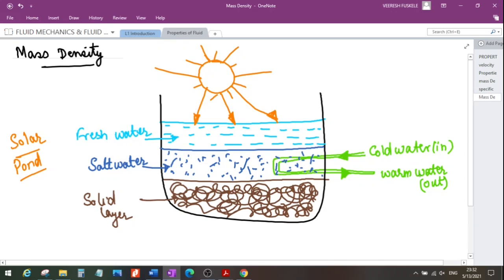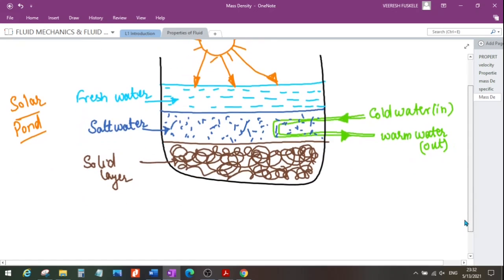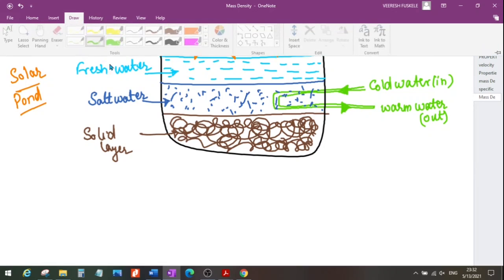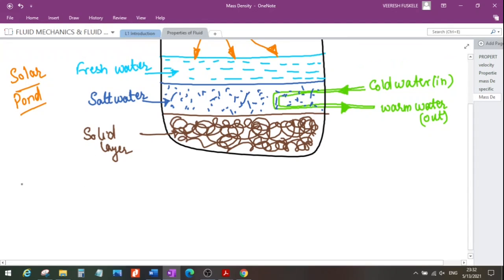So another thing, if I ask you, what is the characteristic that determines the density of a gas? So in case of gases, what is the characteristic that determines the density?